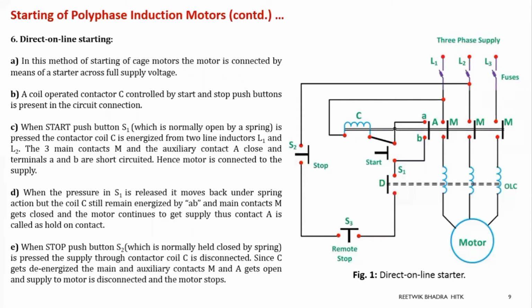When discussing direct online starting, you can easily understand that my motor is directly connected to the mains. The auxiliary switches and main switches are present here. I'll come to this later, how this is used. If I turn on the supply, it will be directly connected to this motor, and there will be a starting torque and the motor gets started.